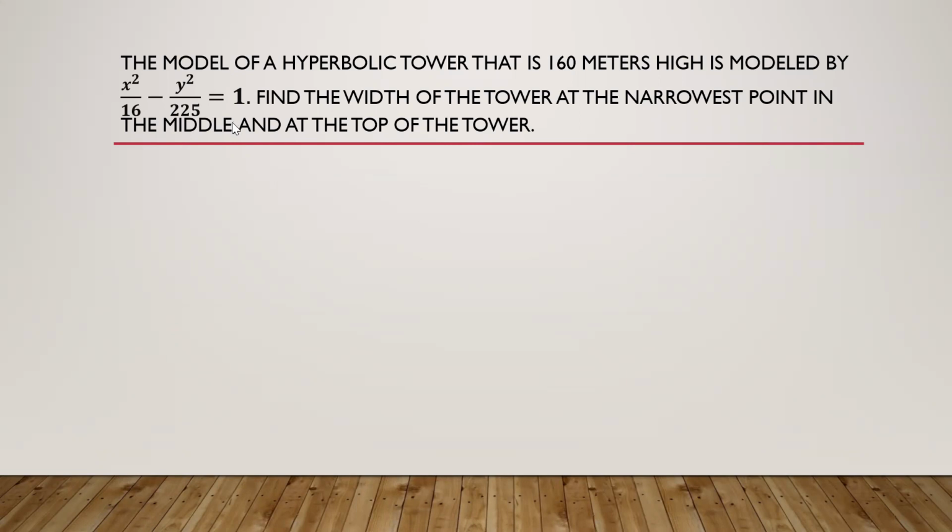Find the width of the tower at the narrowest point in the middle and at the top of the tower. First, let's draw or represent the hyperbolic tower. It will look something like this.